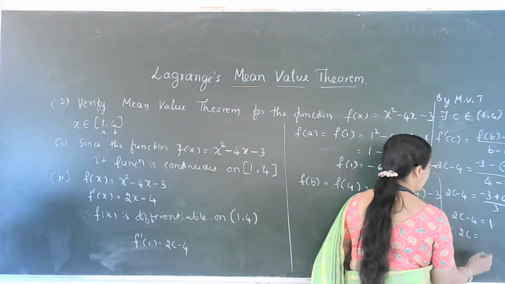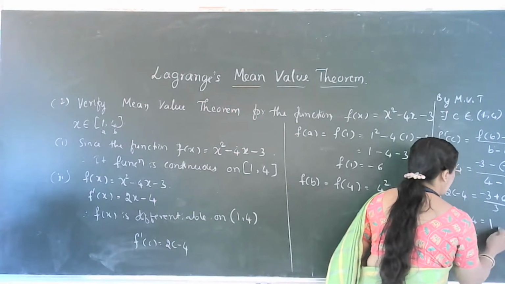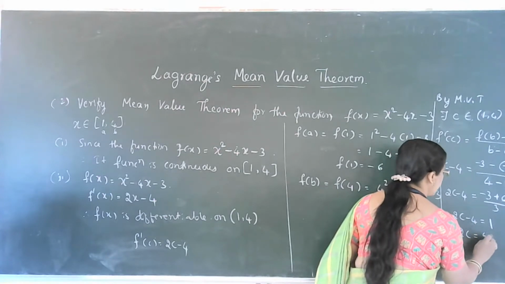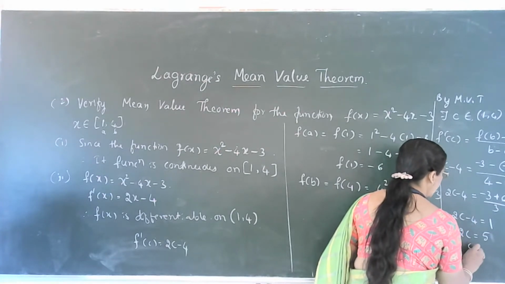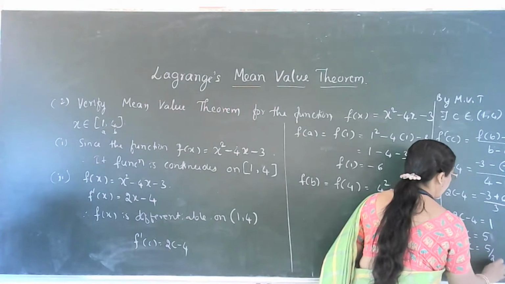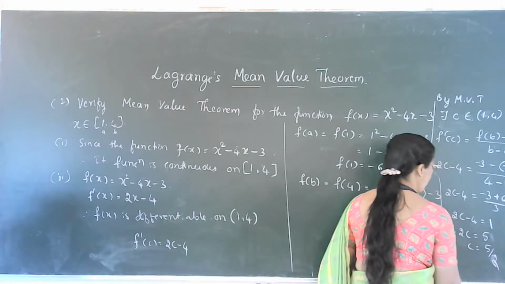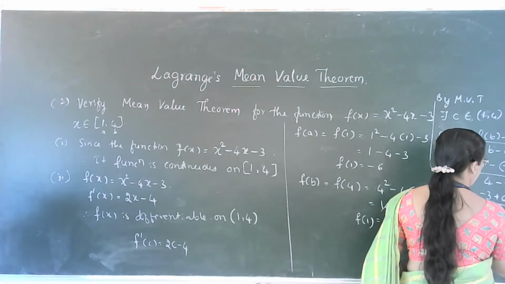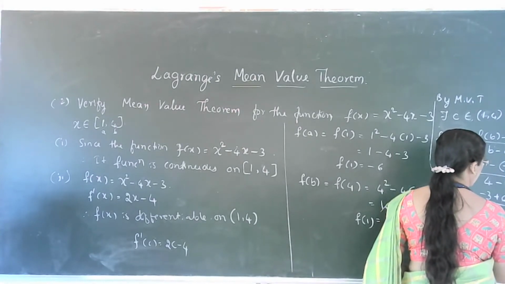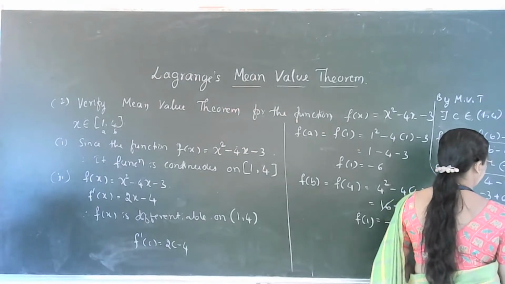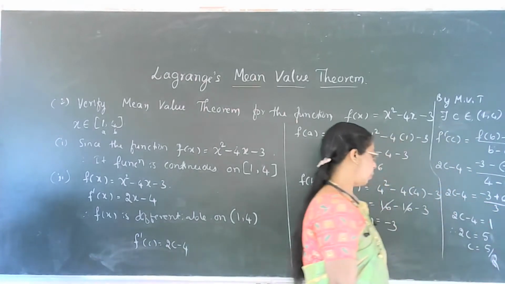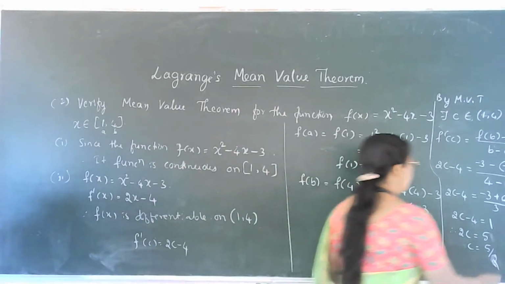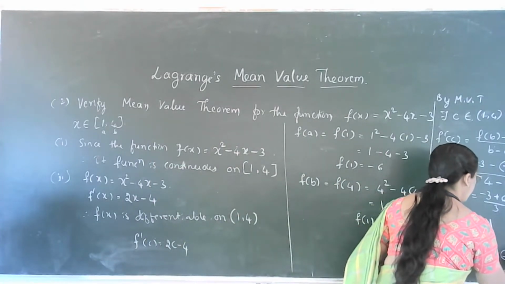Therefore, 2c is equal to 1 plus 4, taking minus 4 to the RHS, which is 5. c is equal to 5 by 2, that is 2.5. 2.5 belongs to the interval (1, 4).